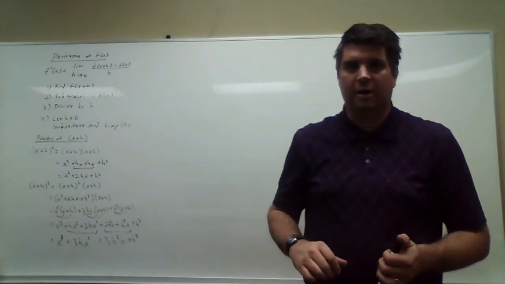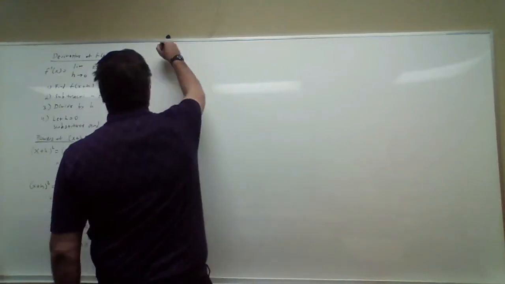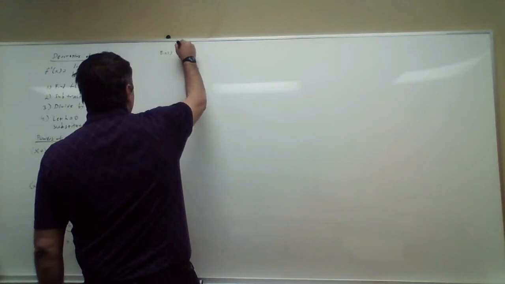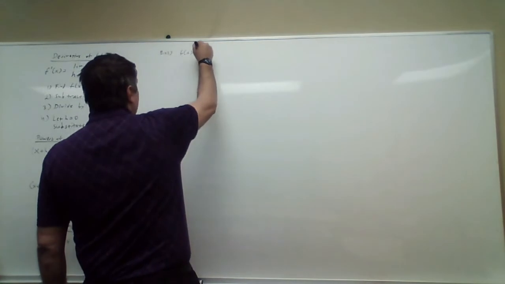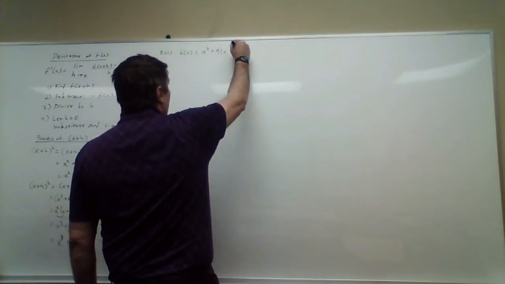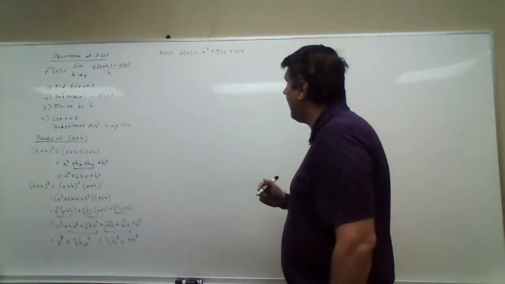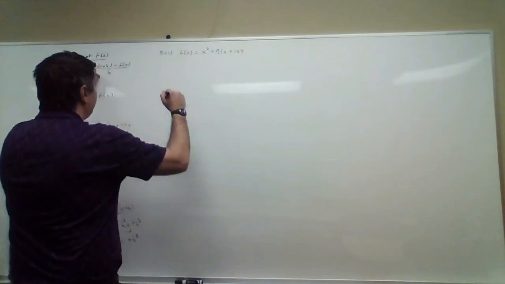At this point, I'm going to find a darker marker. Example 1: f of x equals x squared plus 91x plus 104. Okay, I'm going to go straight to differentiation.